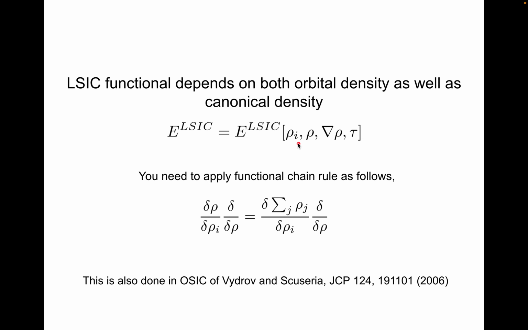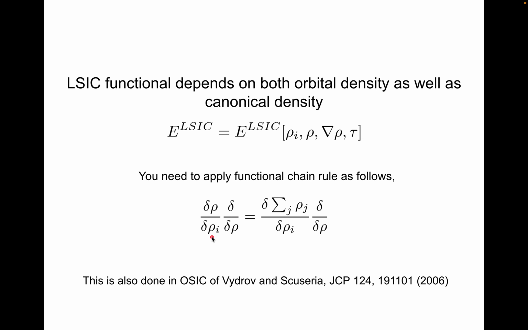And to go from one set of the orbitals to the other set of the orbitals, you have to apply the functional chain rule like this. So by applying the chain rule like this, you can go from the delta rho to the delta rho I.